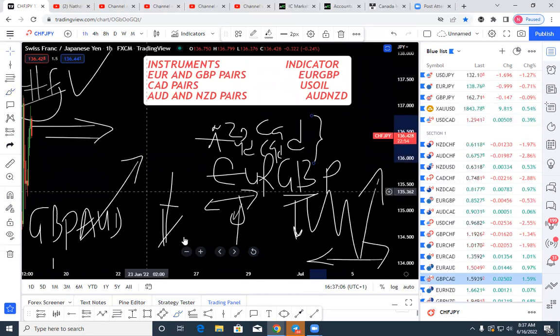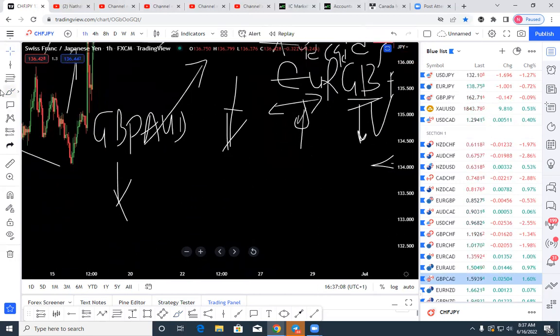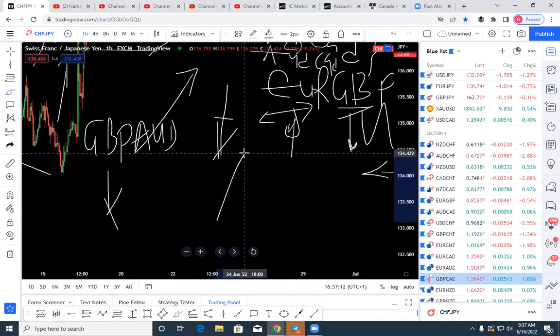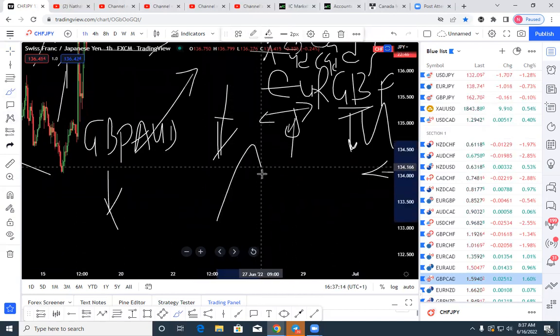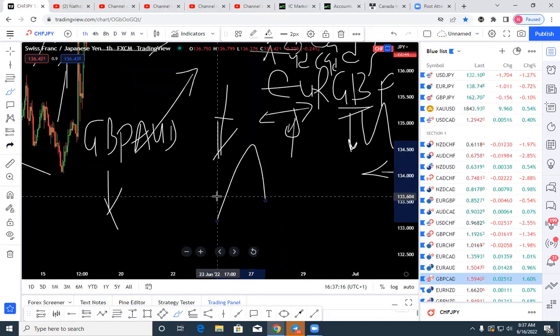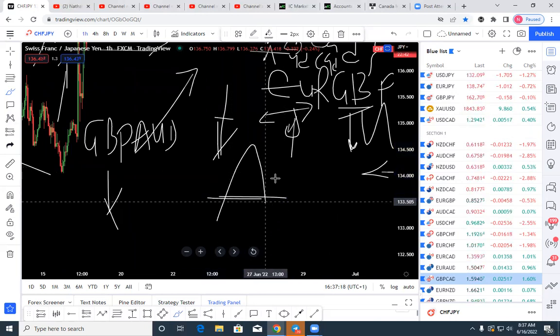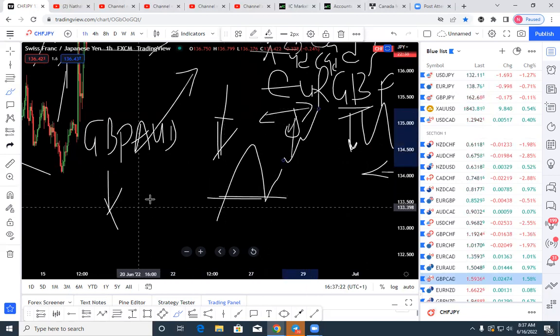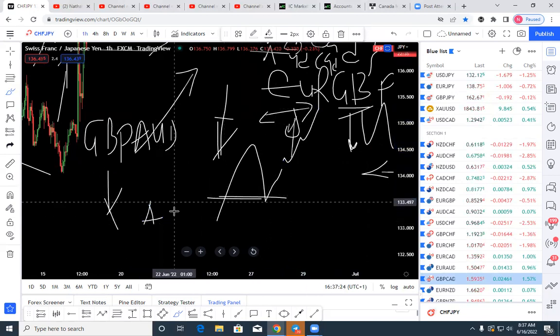What I do is go to the AUD NZD chart. I want to see whether we have an impulse, and a correction to 61.8 on a daily time frame, and we are ready to make this continuation move to the upside. And if that is the case, I know that AUD is going up.